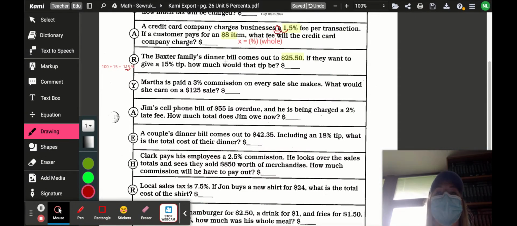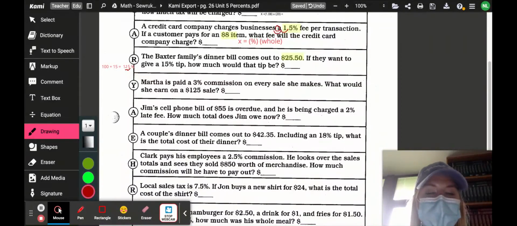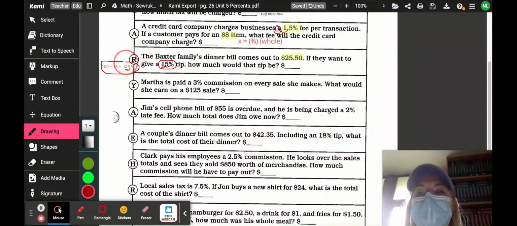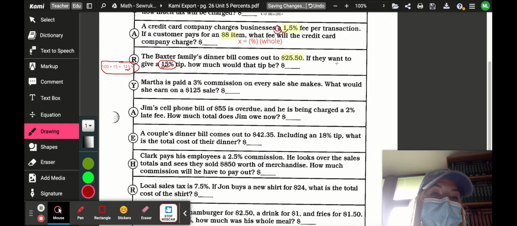That will give you the whole entire bill when you do that. If you only want to figure out the tip, all you have to do is times that by 15% as a decimal. So you're going to move that over to 0.15, and you're going to multiply those two numbers. If you do it this way, this is going to give you the whole entire bill, which, as I read the question again, they just want to know how much the tip is going to be. All right.